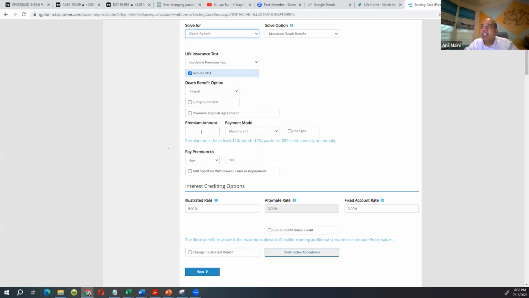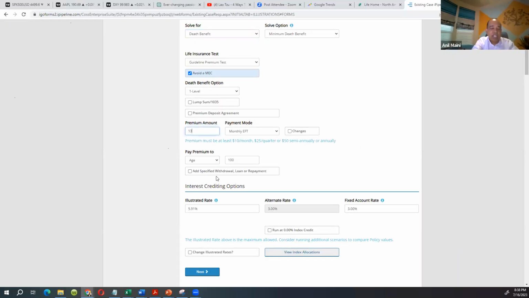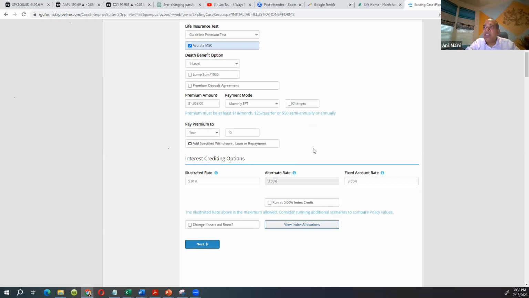And we will pay the premium amount of 1369, so 1369 per month, monthly. We pay premium till age. Instead of age, I clicked on year, and I will do the 15th year. For 15 years, we will pay the premium of 1369 per month. Okay. And after that, 0.